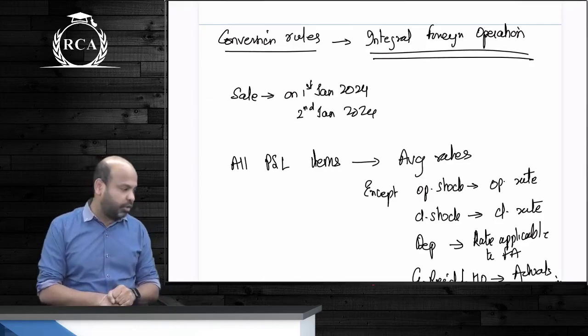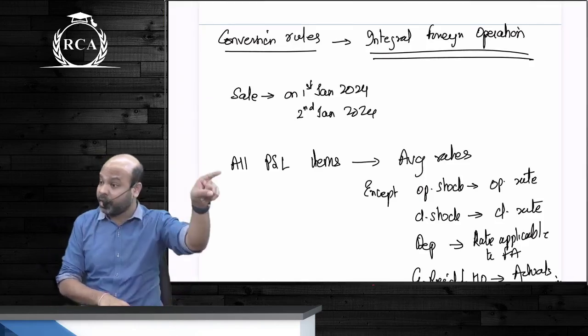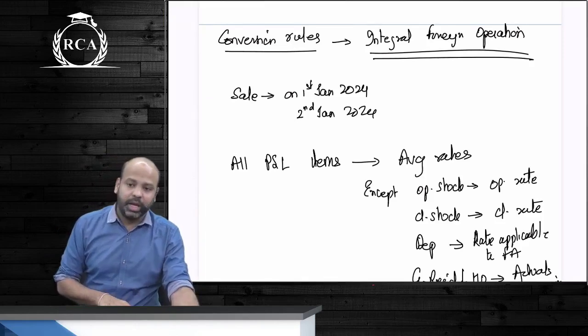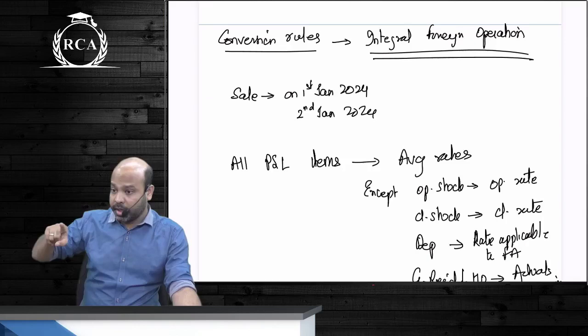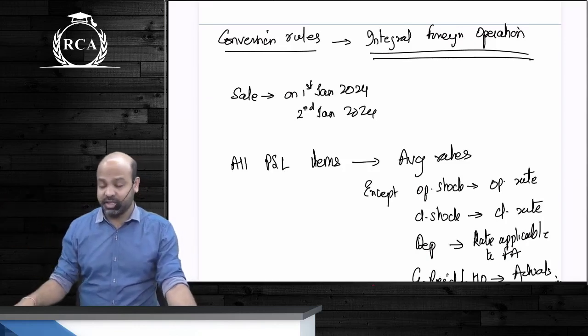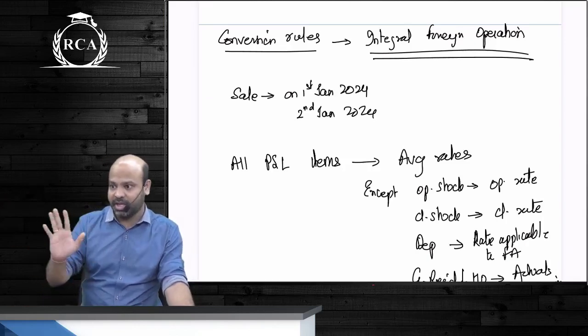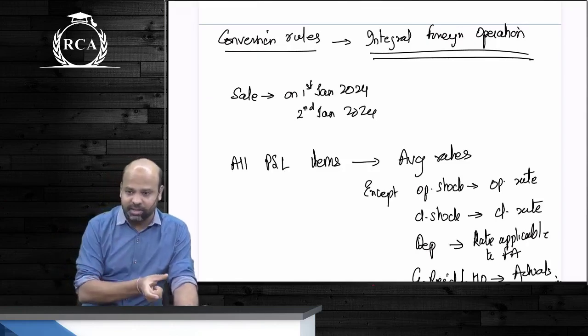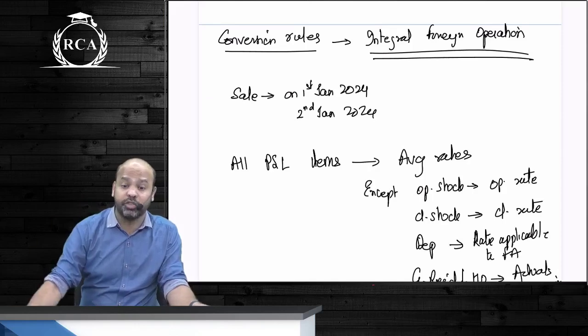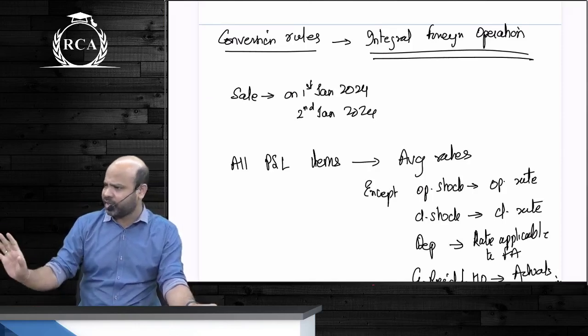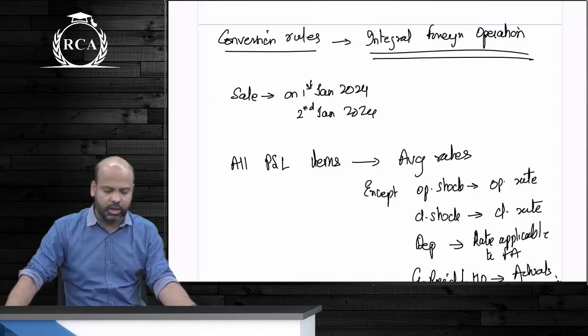Goods received from head office will be recorded at the amount appearing in the books of head office. Depreciation in relation to fixed assets should be recorded at the rate applicable to the fixed assets. If there's any manager's commission, not commission receipt, that is directly payable at the year end, it will be converted at the closing rate. Any expenditure arising at the end of the year will be directly converted at the closing rate.